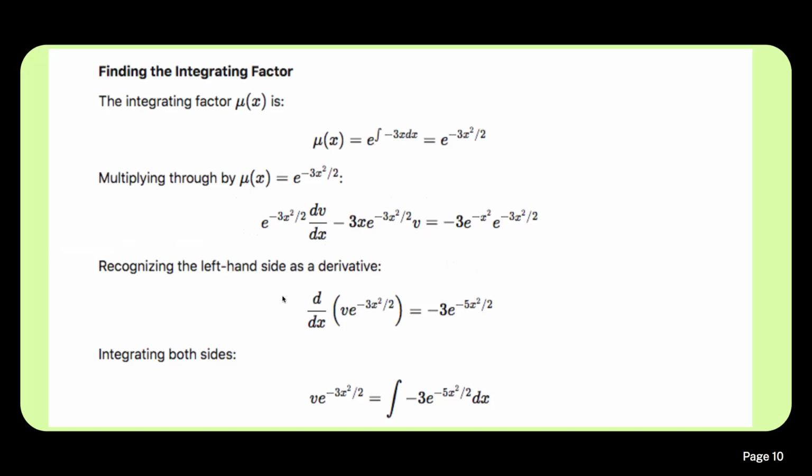Now for this equation, we know the left side is the derivative of v times e^(-3x^2/2). Then we simplify the right side and integrate both sides, and we get this form.